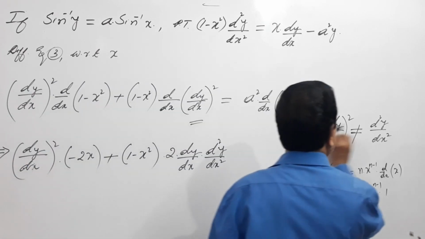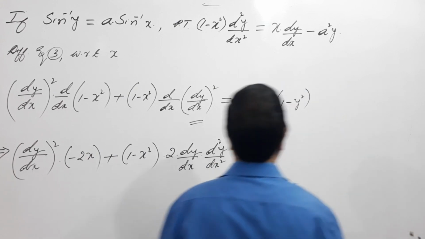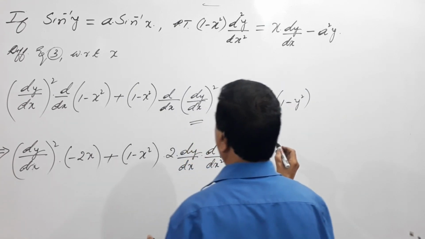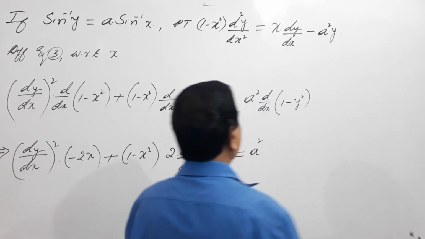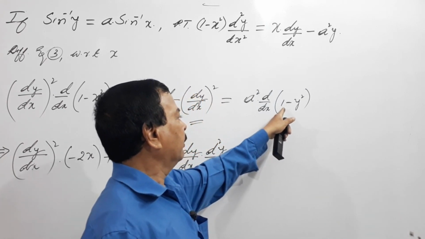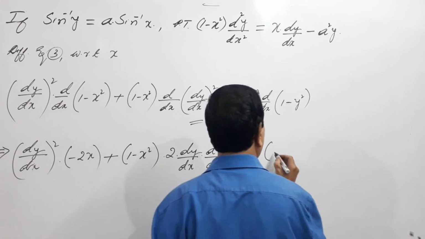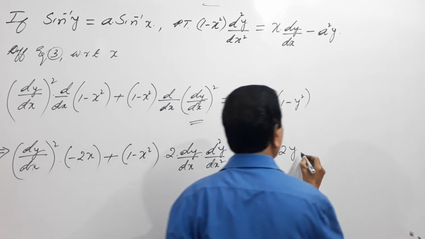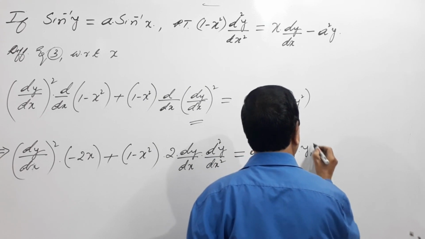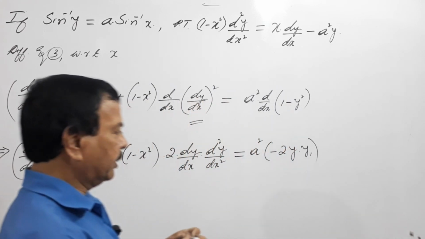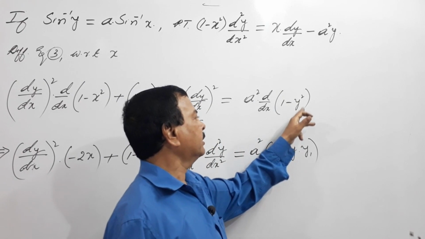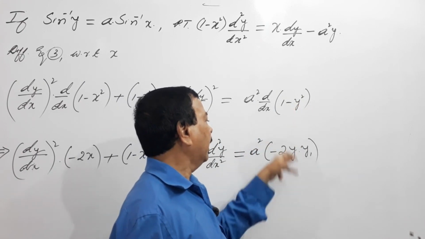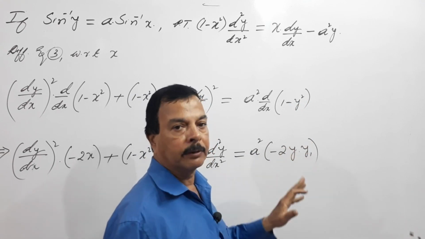So I'll rub this. So this becomes what? a square, d by dx of 1 is 0, and this becomes minus 2y into y1. Remember this here. We are going to differentiate this as x to the power of n type. So 2 into y, and differentiation of y is y1. Done.